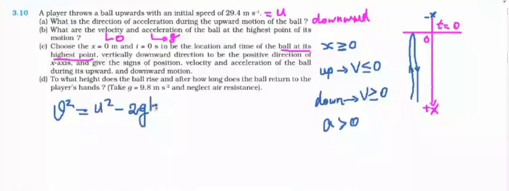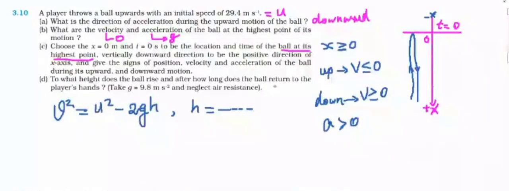Motion upward, g you have to take negative. No need to think about part C and all, that's a special case. This part D we need to consider only the normal situation. So final velocity v is 0, u is given in the question 29.4, so that height h you can calculate.